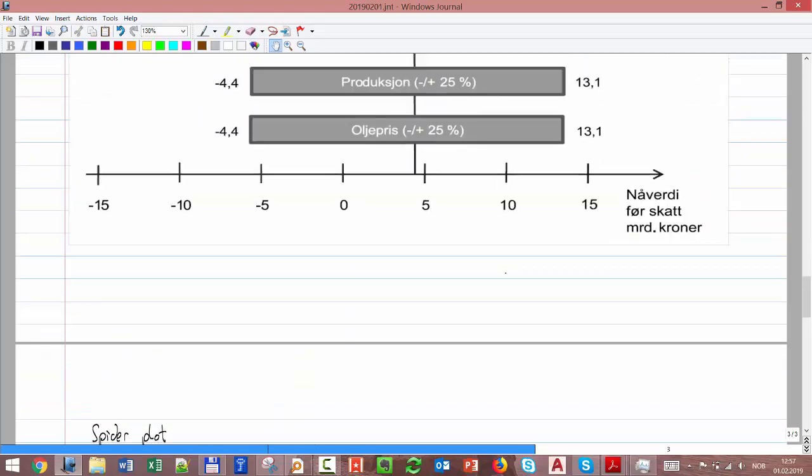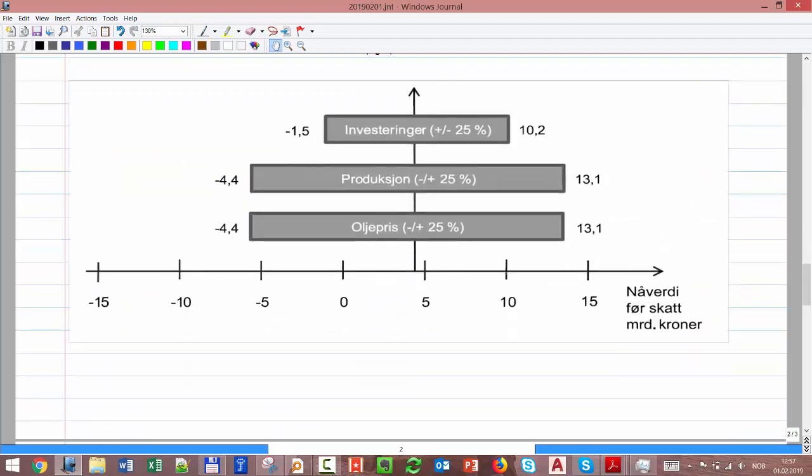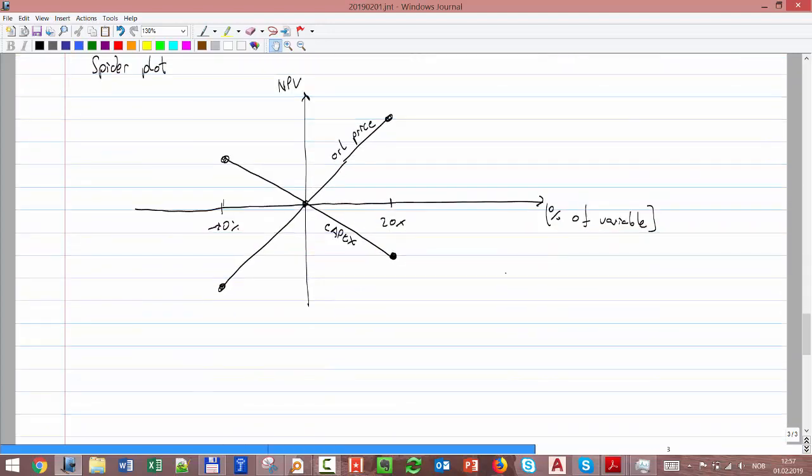Here I can say, if I change this by 20%, how does it affect the NPV? Typically, if I have a big change, that means that variable has a big impact, and also the steepness. If the slope is very steep, that means that variable has a lot of impact on your project.